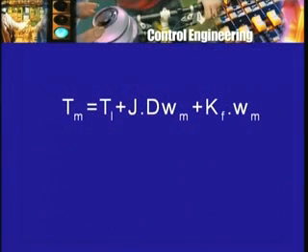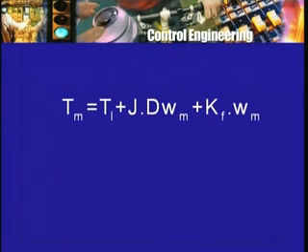So this is one equation, and the other is the mechanical equation, which says that the motor torque Tm, and I will not write therefore Tm at time t, but the function Tm, equals the load torque function TL plus the inertia related term, so J into d omega m, plus the third term which is Kf into omega.